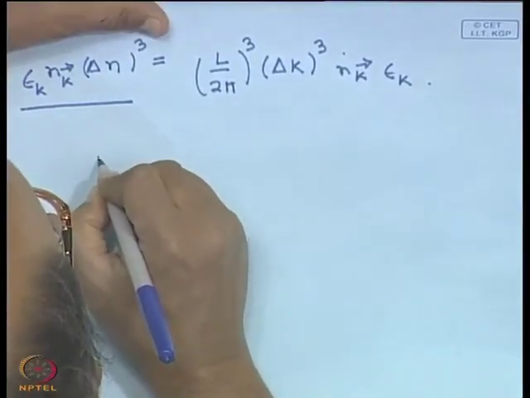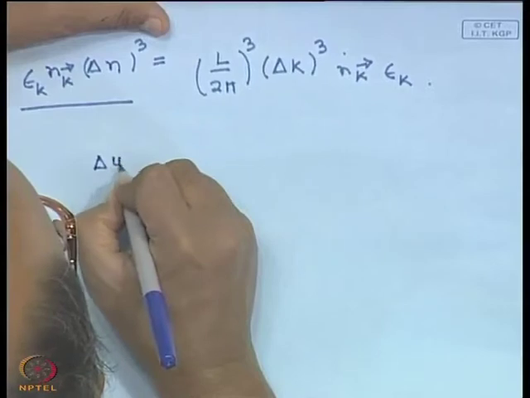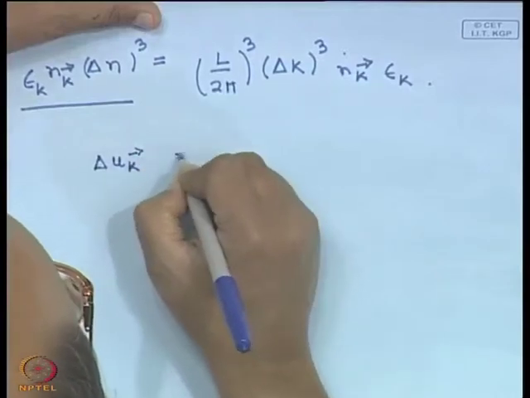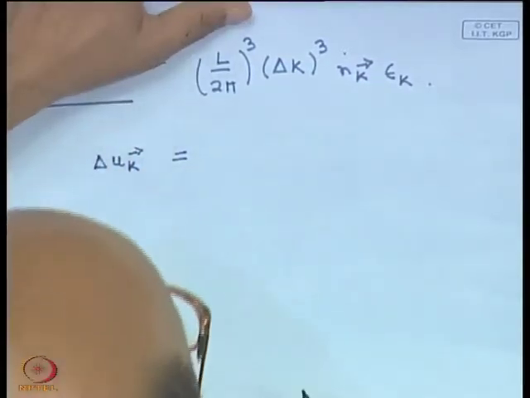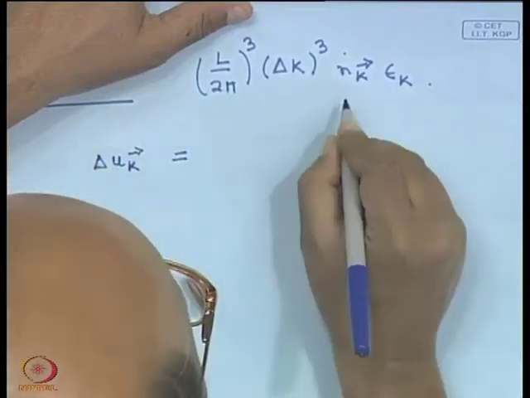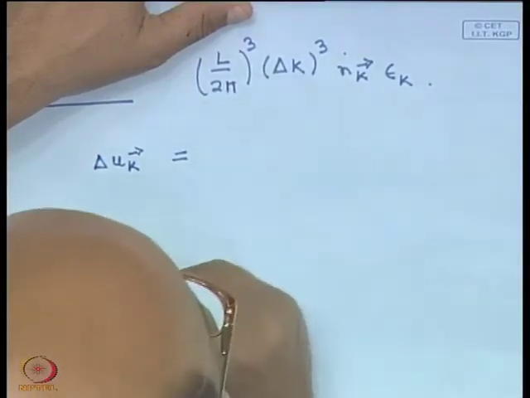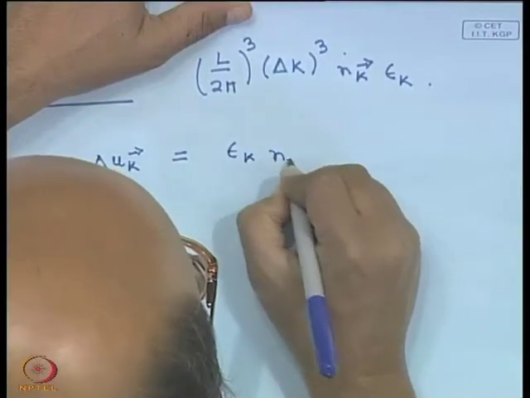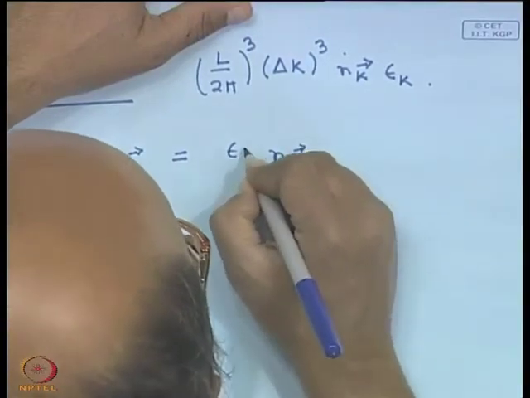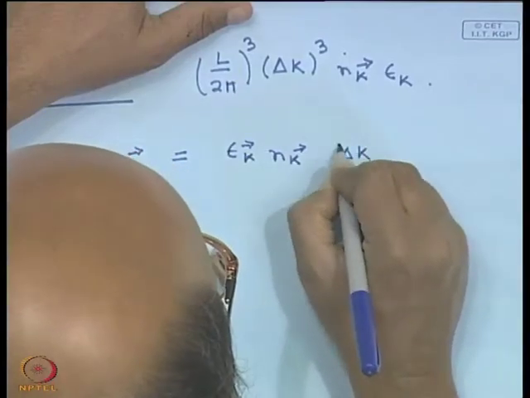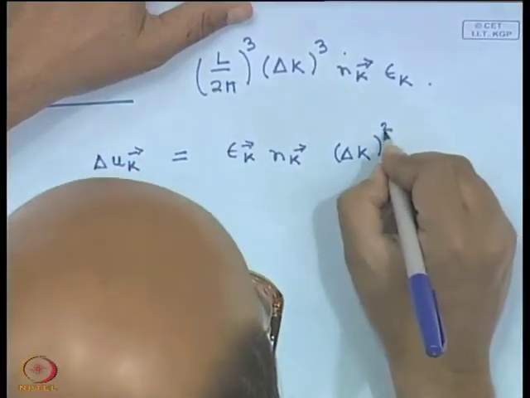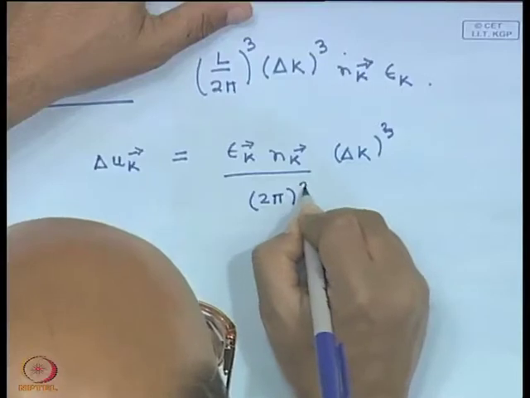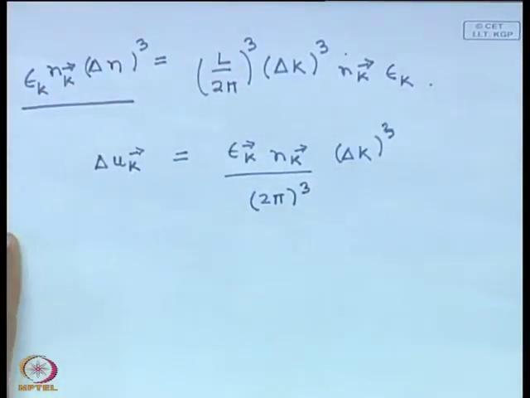So, delta u k is equal to the energy density, that is equal to the energy into the occupation number n k of those modes into the volume occupied, d cube k by 2 pi cube. Okay.